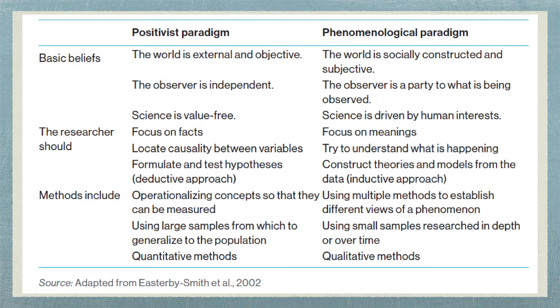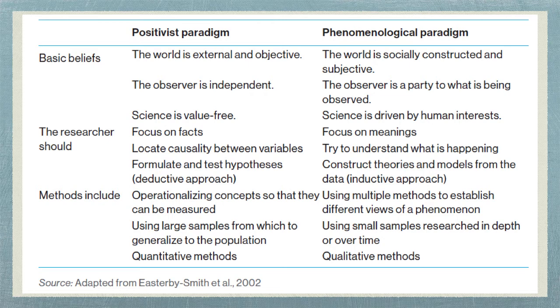So building on these ideas of realism and relativism, qualitative and quantitative research are often expressed theoretically through contrasting epistemologies or paradigms. Positivism takes up the realist perspective of knowledge as objective and externally knowable, and this is the paradigm that underlies quantitative research, with its focus on a deductive approach to formulating and testing hypotheses and seeking to locate and quantify causality between variables.